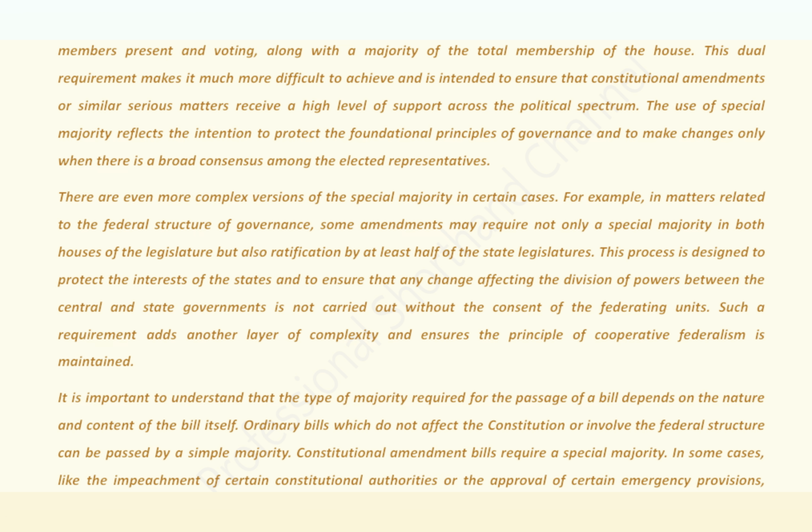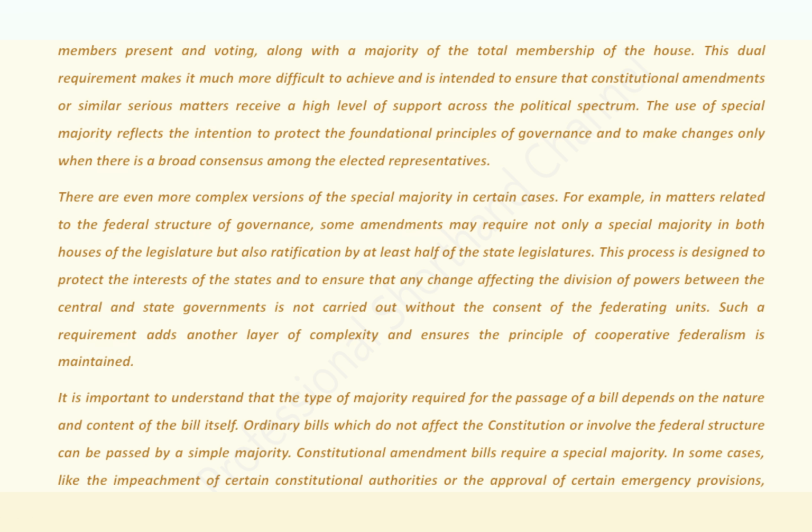This process is designed to protect the interests of the states and to ensure that any change affecting the division of powers between the central and state governments is not carried out without the consent of the federating units. Such a requirement adds another layer of complexity and ensures the principle of cooperative federalism is maintained.